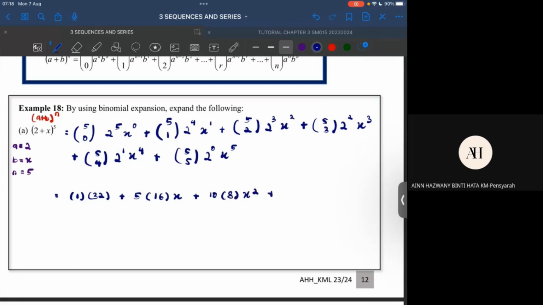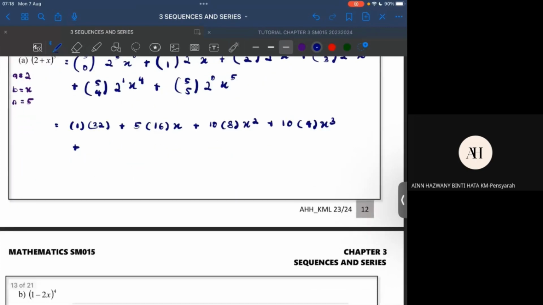Plus 5C3 masih lagi dapat 10, times 4x cube plus this one, 5C4 is 5, 2 power 1 is 2, x power 4 plus 5C5 is 1, 2 power 0 is 1, x to the power of 5.